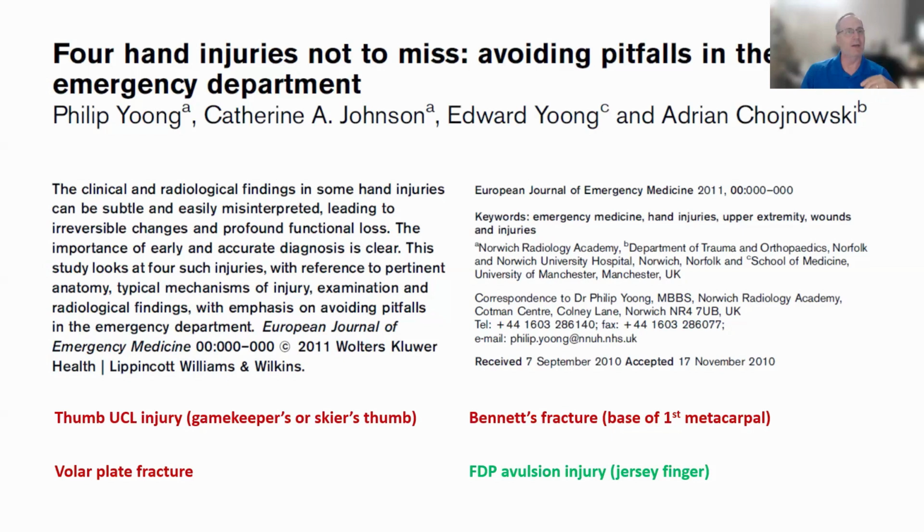Amanda, I see your comment. Surprised that a scaphoid fracture doesn't fall into this list. It may be that from the author's perspective, the scaphoid fracture is a little bit more clear and easily recognized compared with some of these other injuries on the list.